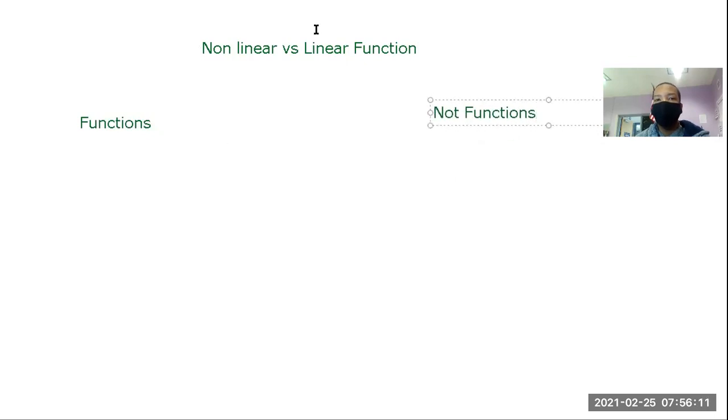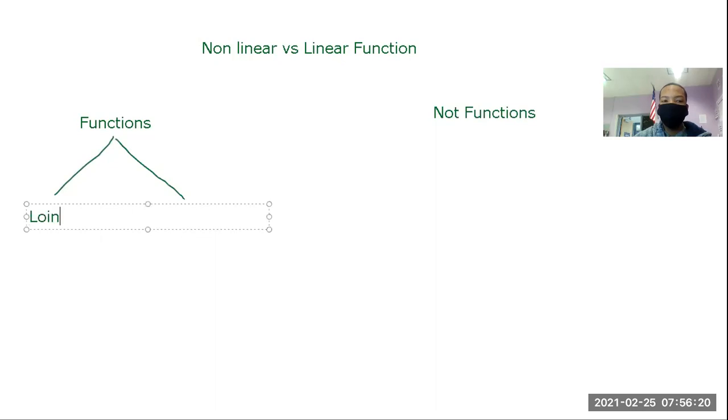Now underneath the functions, we're going to have the linear ones, and then we're also going to have the nonlinear ones. Cool. So we're going to focus on what makes it linear from nonlinear. Let's get on this new slide.